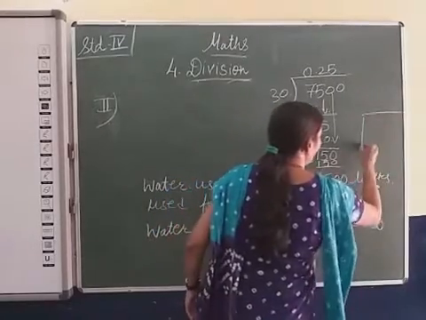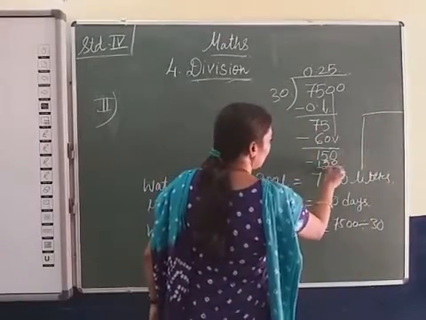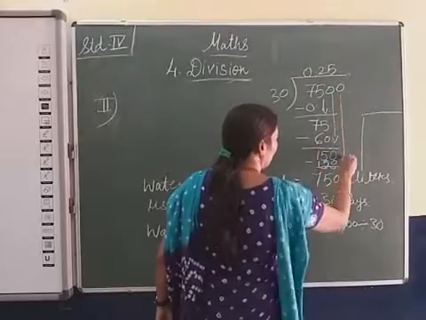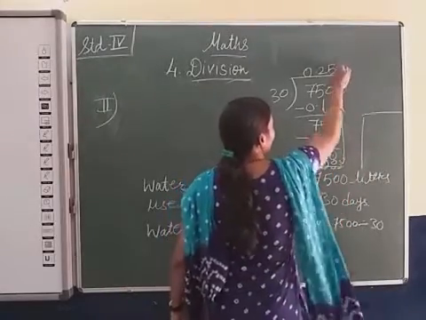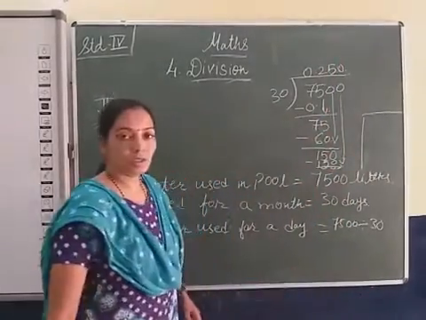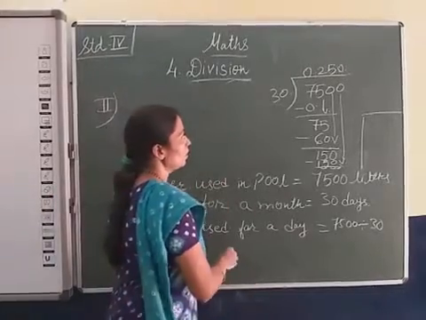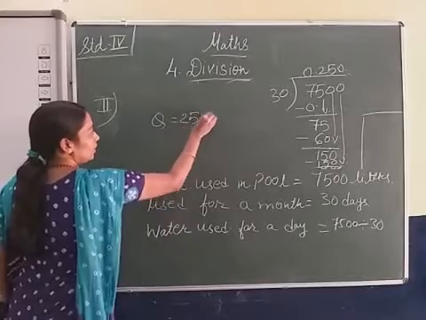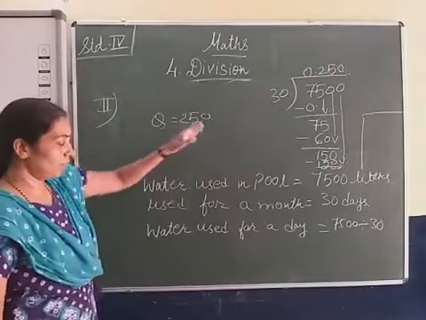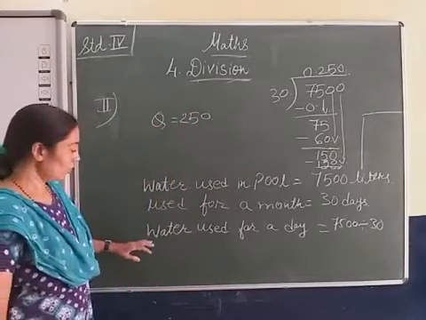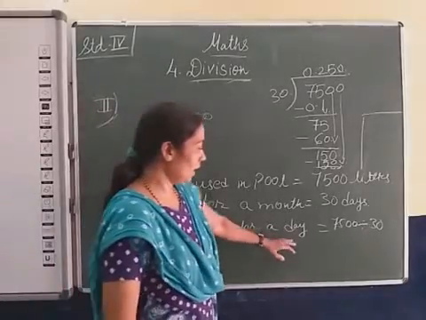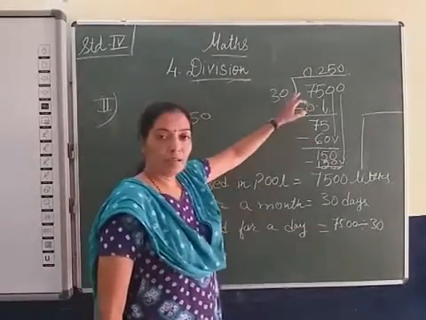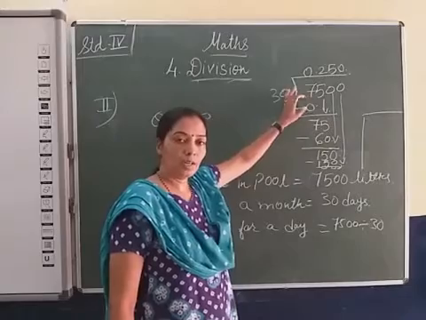I continue here, 0, 0, and this 0 will come, we put here 0, understood? So the quotient is 250. So 250 is our answer. So the water used for a day, that we divide and we get the answer 250.